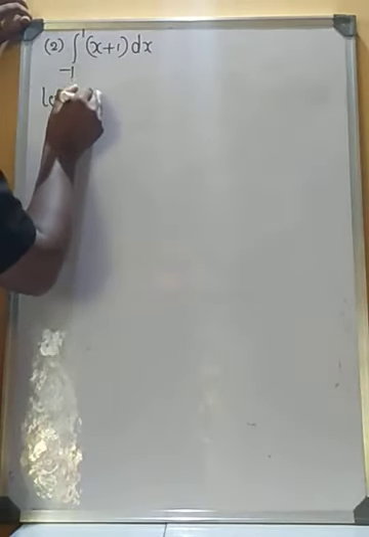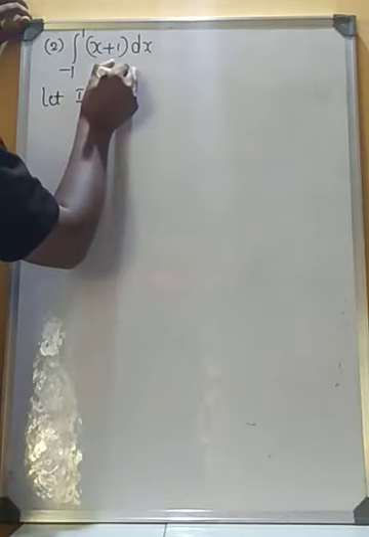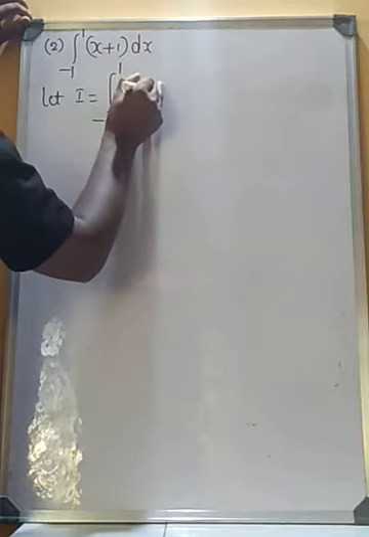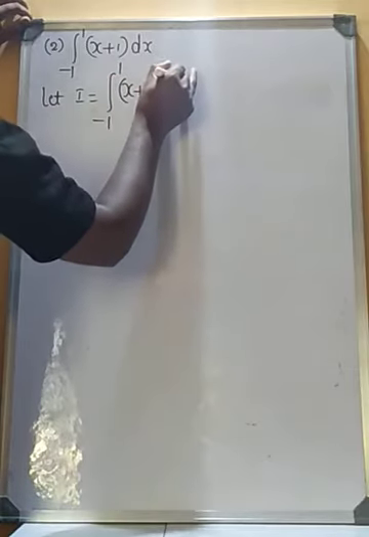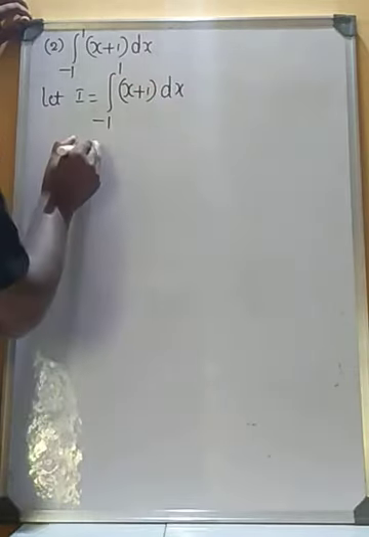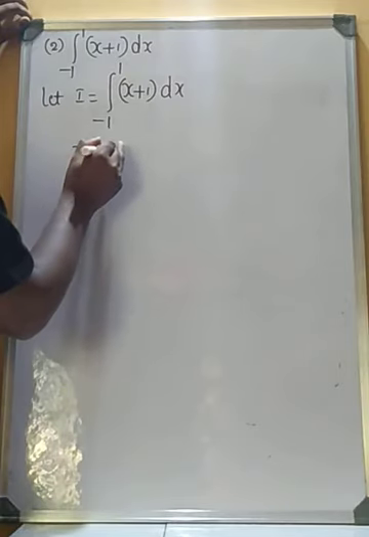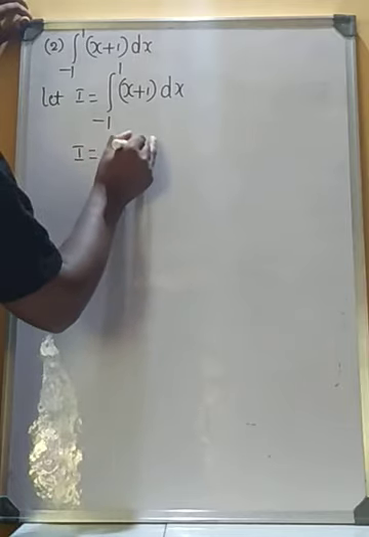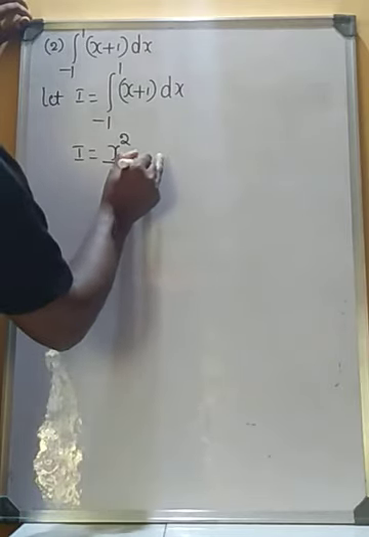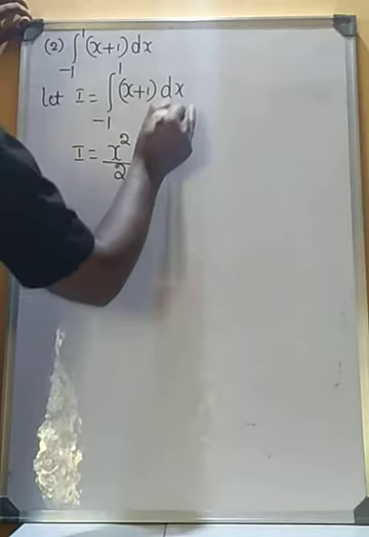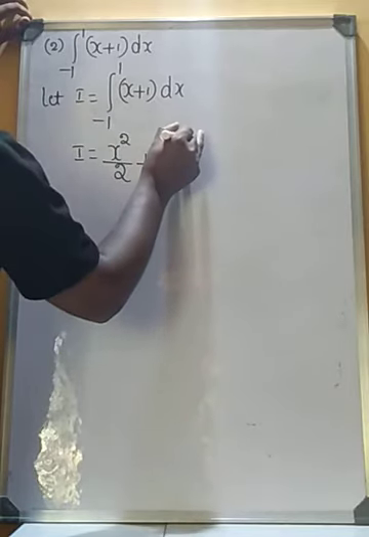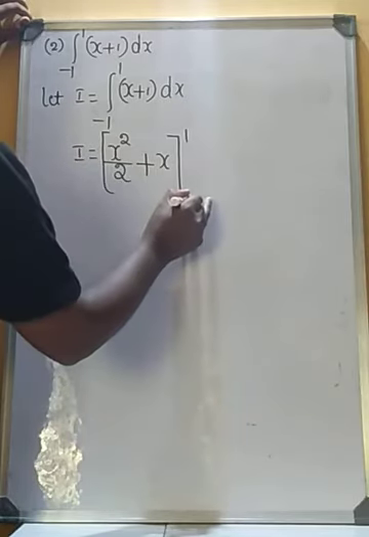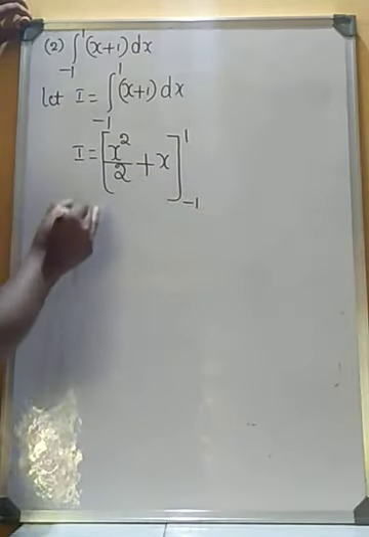Let I equal the integral from minus 1 to plus 1 of x plus 1 dx. Therefore I equals the integral of x dx, which is x square divided by 2, plus the integral of 1 dx, which is x. Upper limit is 1, lower limit is minus 1.